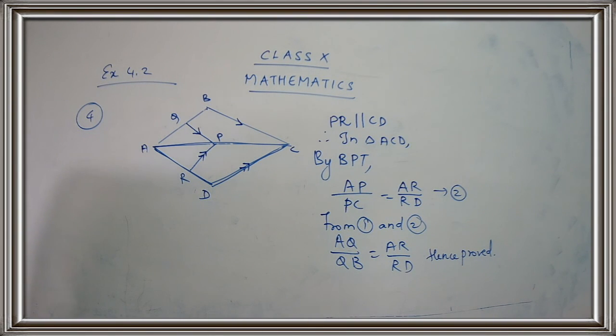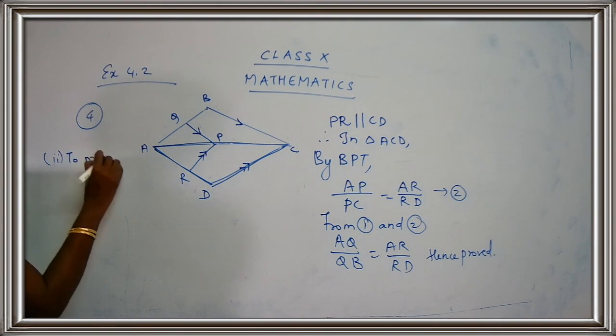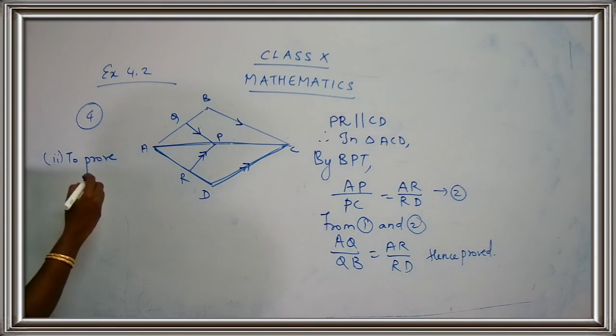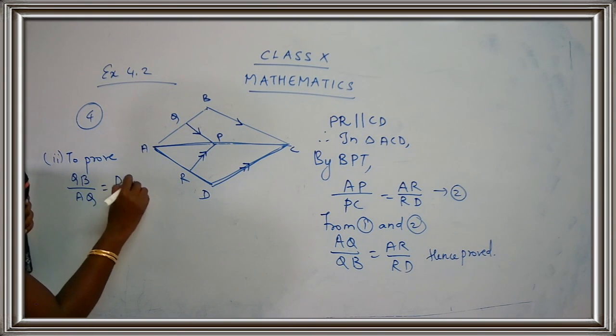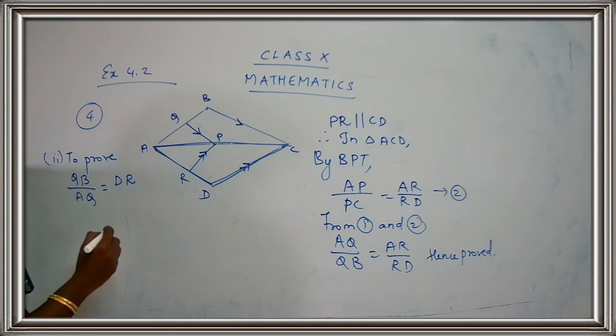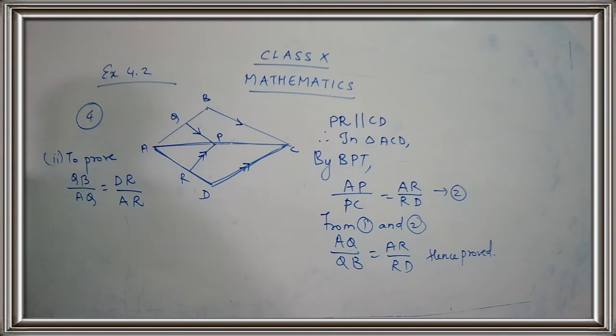What is the thing that we have to prove for the second part? We have to prove QB upon AQ is equal to DR upon AR.